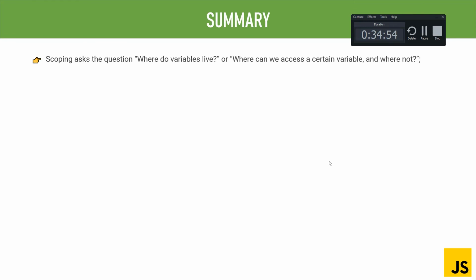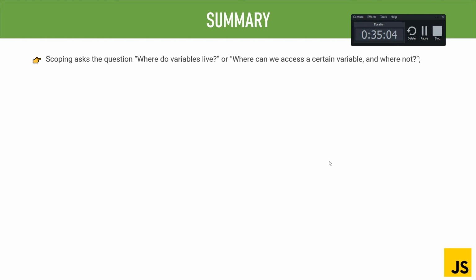And I know that it was quite a long video with a ton of stuff to take in, and so here is a handy summary with the main takeaways from this video. So to start, scoping asks the question, where do variables live, or where can we access a certain variable and where not? That's what scoping is all about.